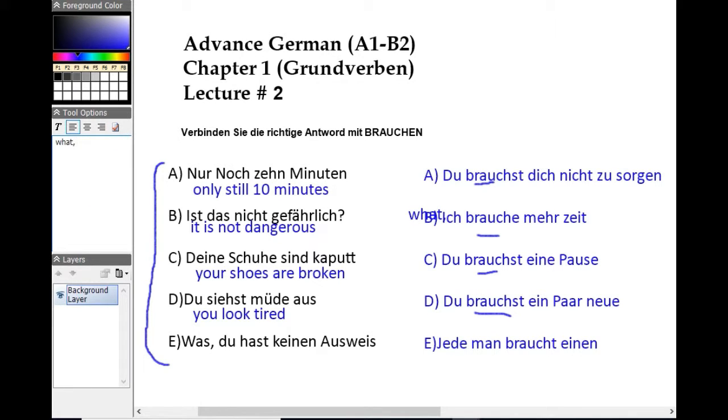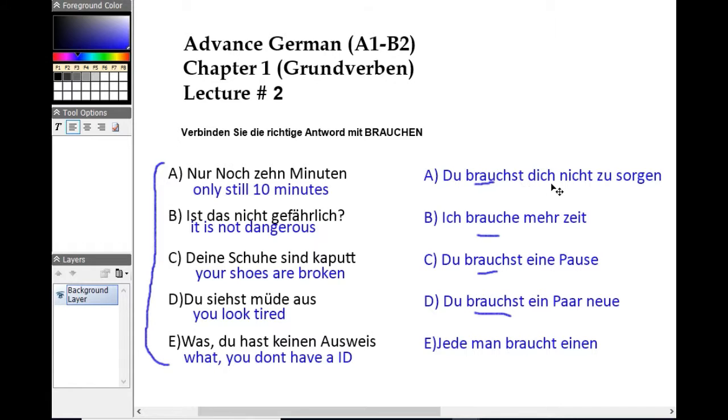What? You don't have an ID or ID card. So these are the meanings of these sentences, and now we have to figure out which sentence is similar to these sentences. Those written on the right hand side are with the verb brauche.